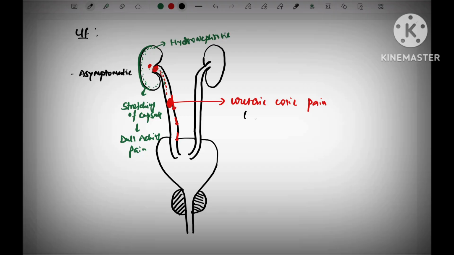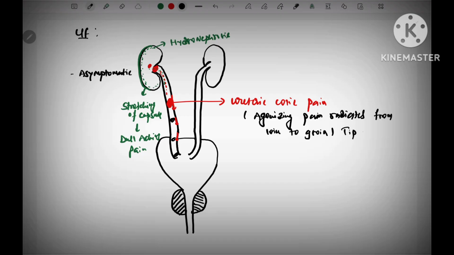So here, what type of pain occurs? It causes agonizing pain that radiates from loin to groin, or based on the side and nerve involved, it can radiate to the tip of the penis, or in case of a female, the vulva, as the stone starts moving distally.